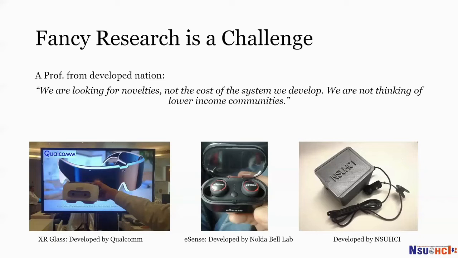As I have seen from our experience, we are doing research more into mobile technologies or something like that.